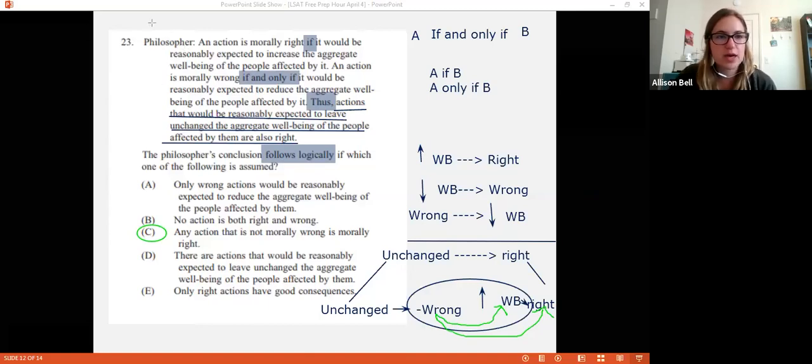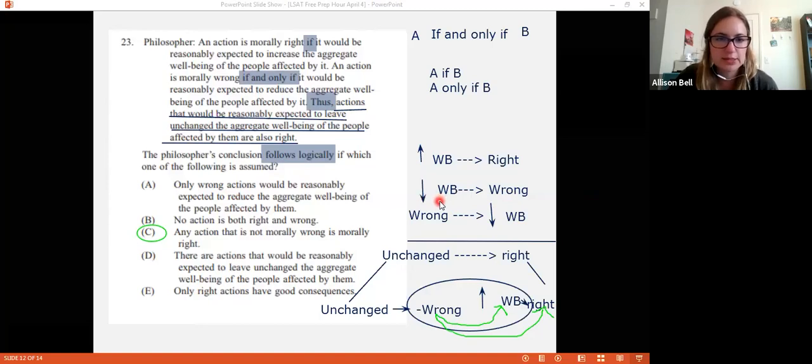Let's take a look at some of the other answers and see what's up with them. So answer choice A, only wrong actions would reasonably be expected to reduce the aggregate well-being of the people affected by them. So that's interesting. It sounds a little bit like my premise, so I would check out the relationship between that.